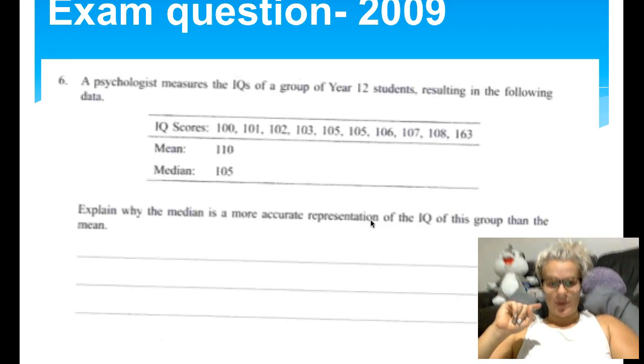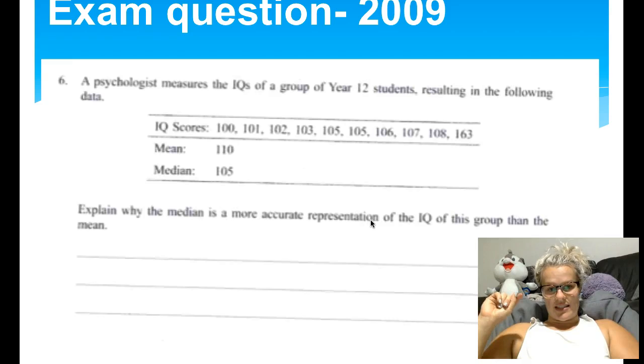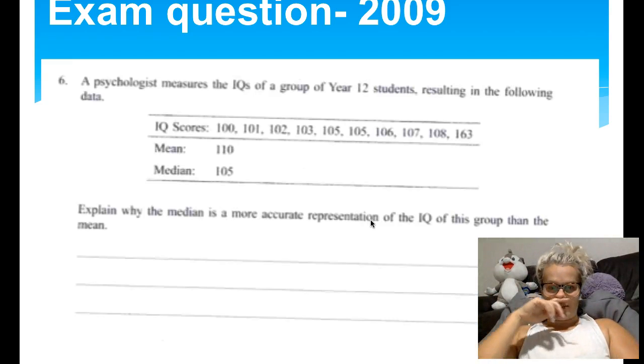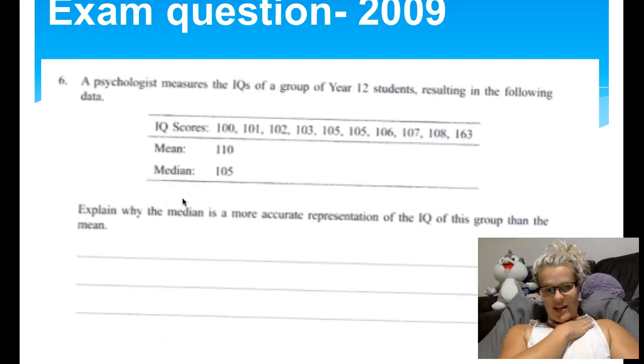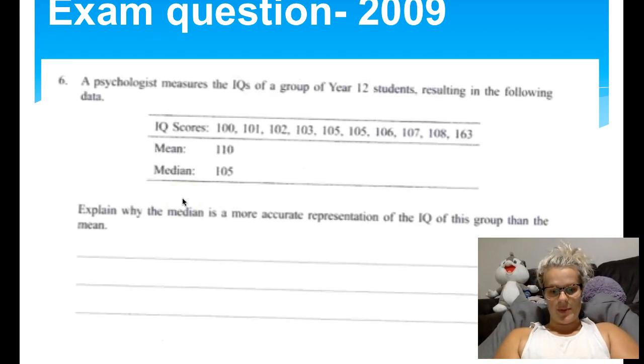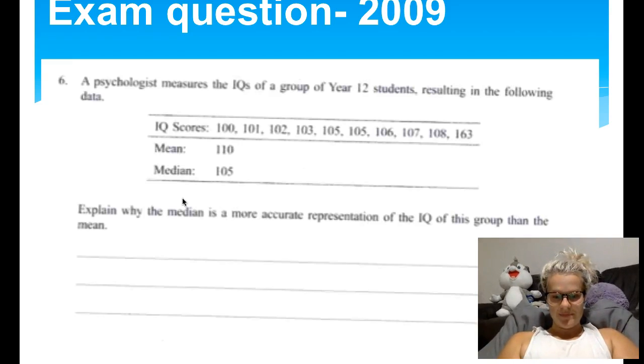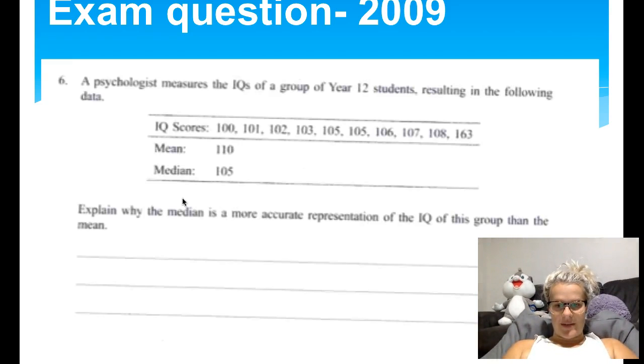Okay, this is a bit of a different question. So a psychologist measures the IQ of a group of Year 12 students, resulting in the following data. So the mean is 110 and the median is 105. And the question is, explain why the median is a more accurate representation of the IQ of this group than the mean. So here, you're going to be looking at the data and which is more representative.